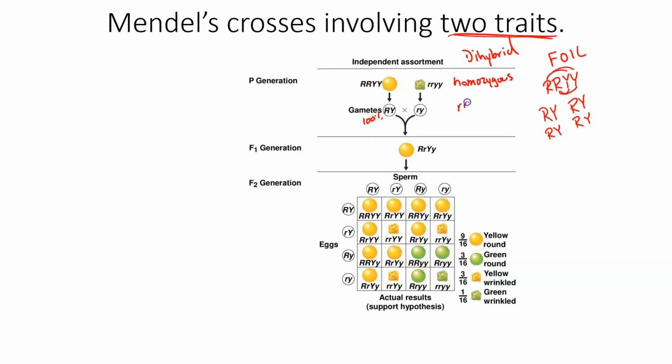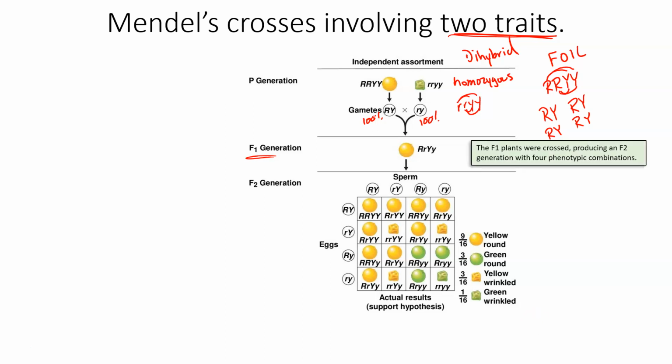This one, if we quickly go through the independent assortment associated with this gamete production, you'll notice that 100% of that individual's gametes will be little r, little y, because of the same phenomenon, right? First, outer, inner, last. You get 100% little r, little y. Okay? Now, just like in his monohybrid crosses, we're going to take these parents, find these gametes, and then cross them to produce our F1 generation.